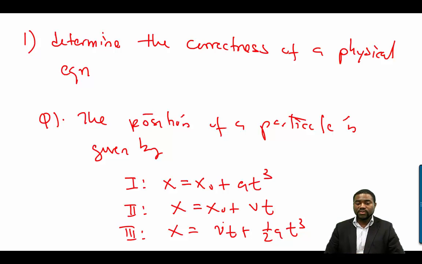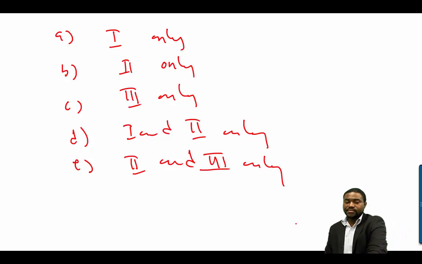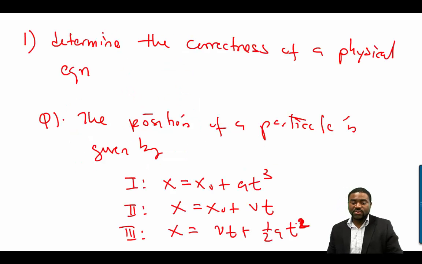The position of a particle is given by x equal to x naught plus at cubed, x equal to x naught plus vt, x equal to vt plus half at cubed. This is at squared, sorry. And the question is, which of the following is correct? The answers are A 1 only, B 2 only, C 3 only, D 1 and 2 only, and E 2 and 3 only. Now let's look at it this way.